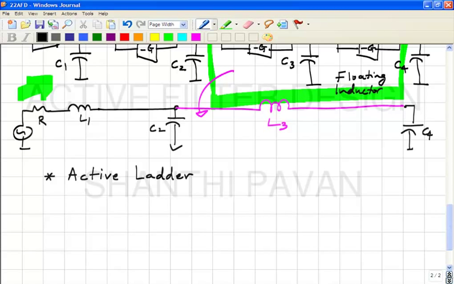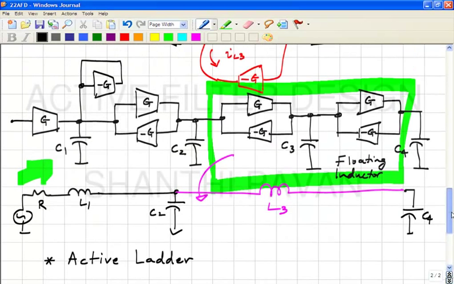And if you think of each of these transconductors shaped like a frog, you can see that each frog is trying to catch the tail of the other frog and so on. So, also called a leapfrog filter.